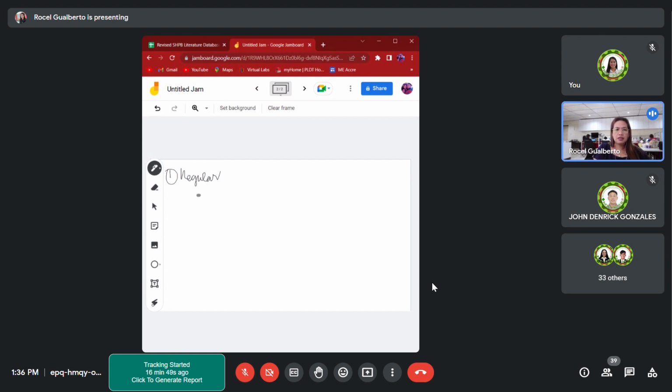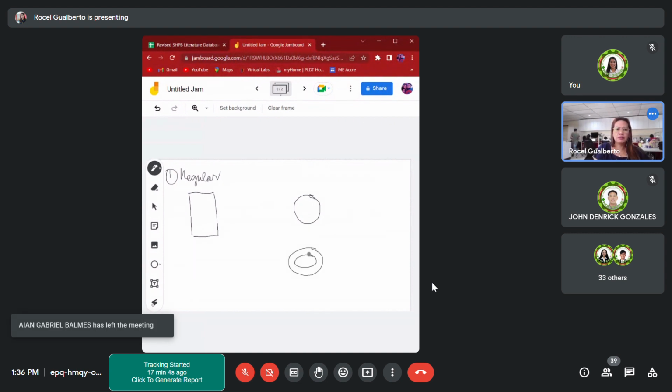Regular cross-section, so you have the rectangular, the circular. Pakigandahan na lang ng drawing nyo dyan sa lecture nyo. We have the tubular, or yun po yung hollow, and then we can also have the triangular.